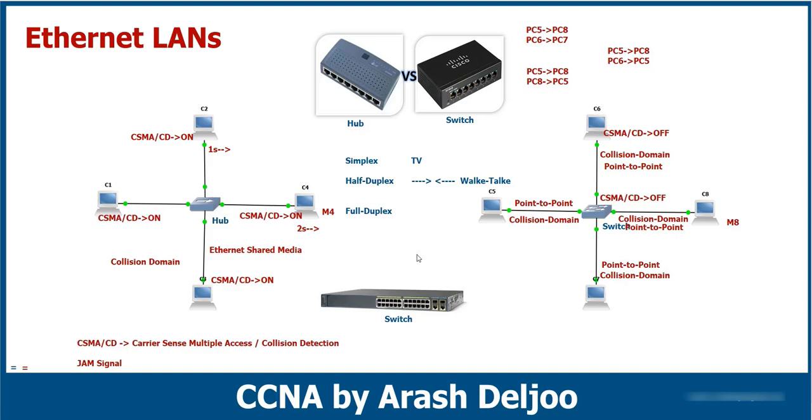After that you can talk. In these networks, when C1 needs to send traffic, it should wait for an empty line. After that, it can send. This means that when we are using Ethernet shared media or a hub, we have the half duplex option.